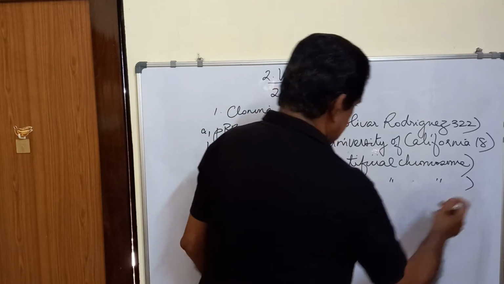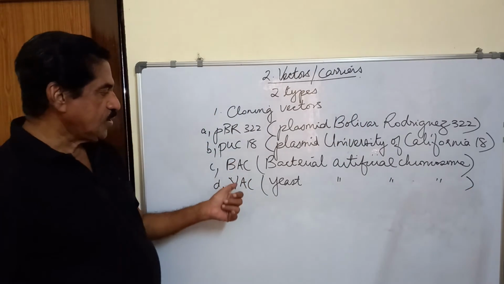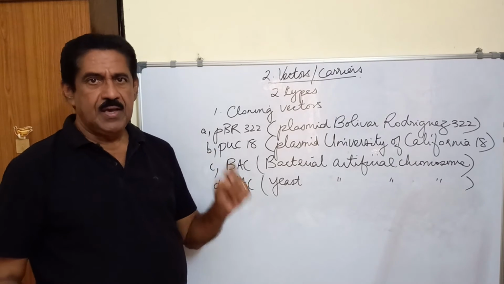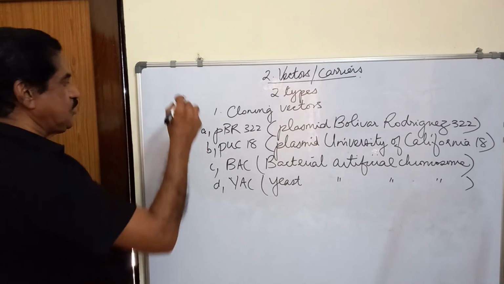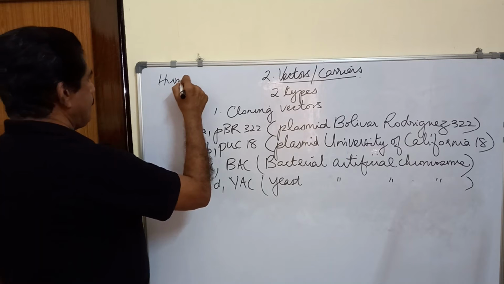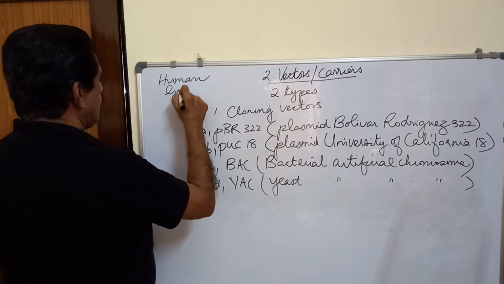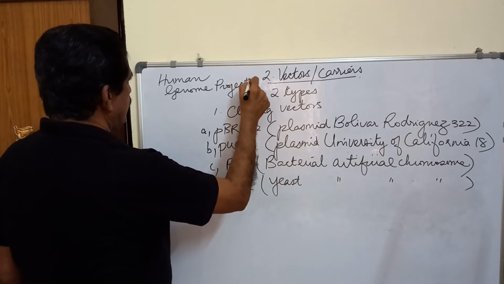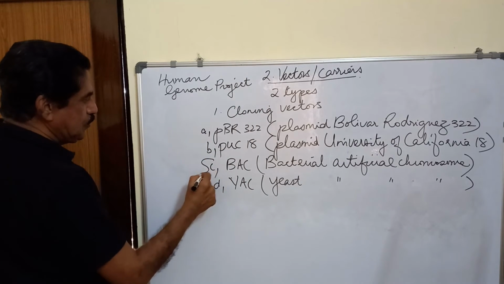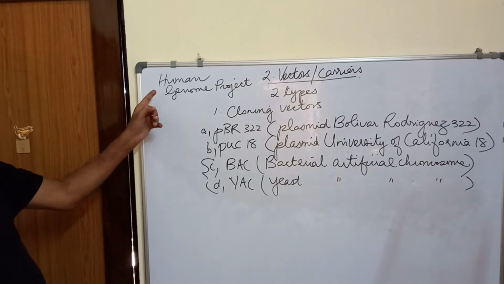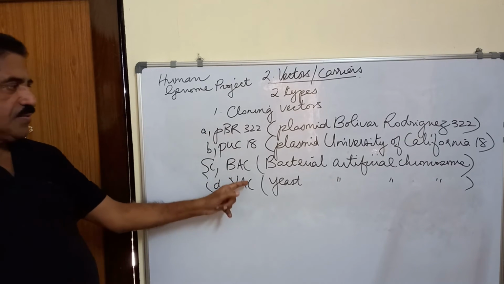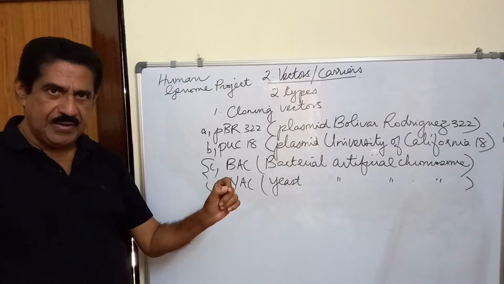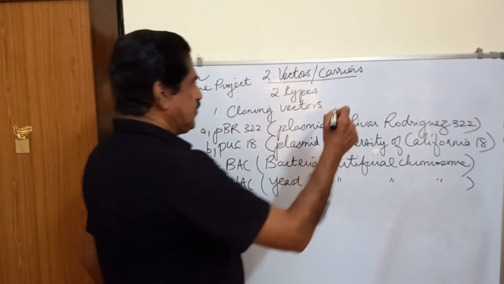Now these two vectors were not created for genetic engineering, they were created for the Human Genome Project. If you look at the examples, one thing is very evident. These are all artificial vectors.